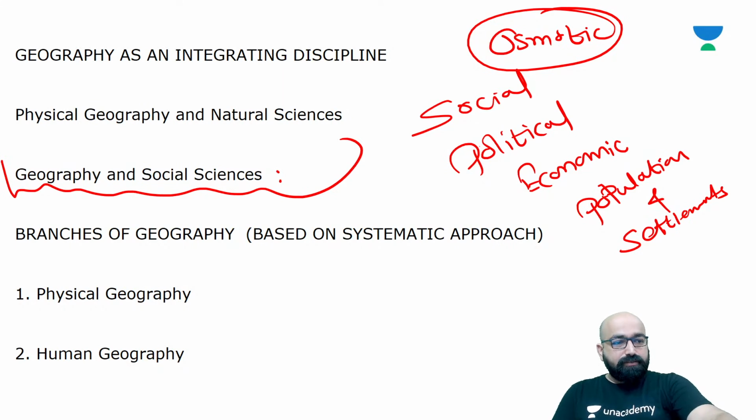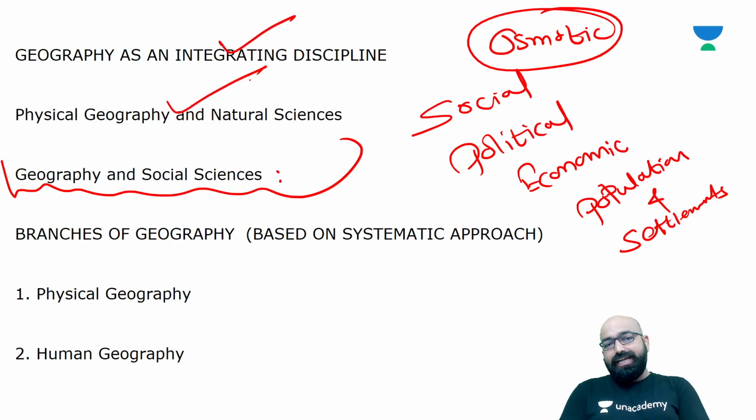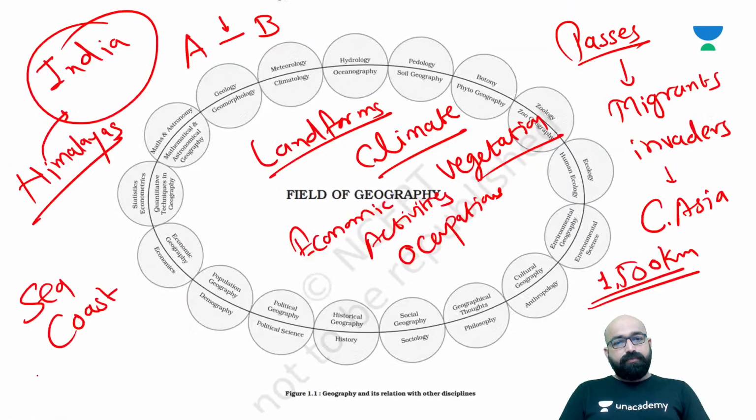Now, friends, along with the integrating discipline, physical geography and natural sciences interlinking, then geography and social sciences. Now, we will discuss the branches of geography.